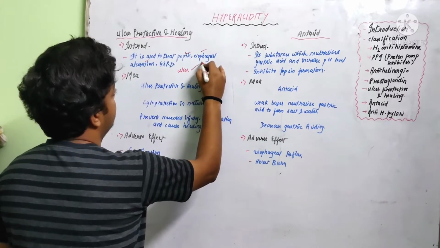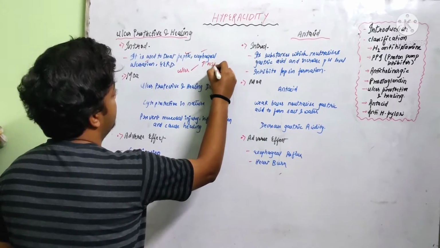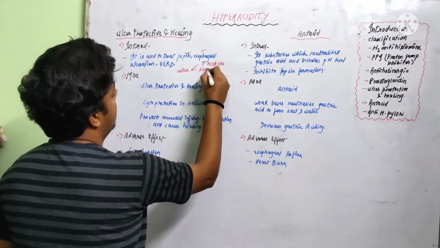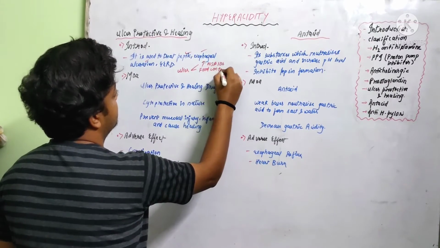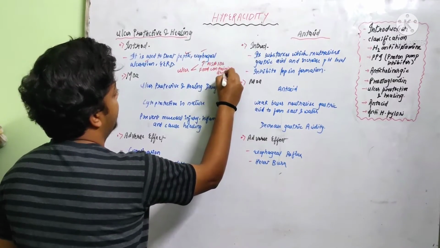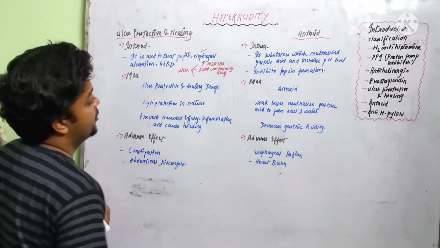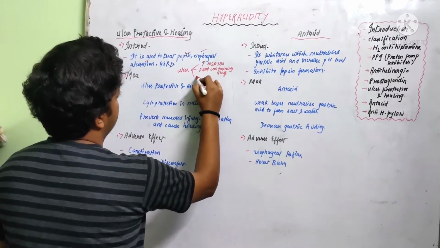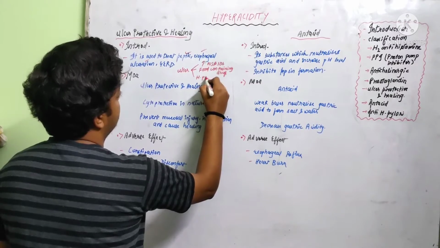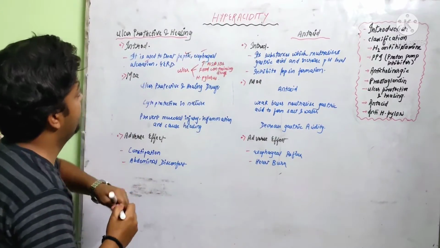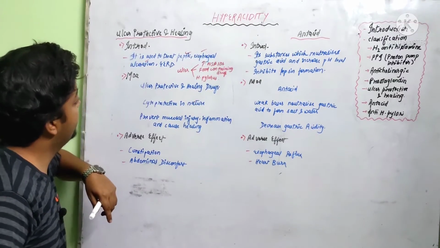Then there can be food containing some drugs, and the ulcer can also be caused due to infection of Helicobacter pylori, that's the bacteria. So to treat these ulcers, we use the ulcer protective and healing drugs. An example was sucralfate, I discussed earlier, right?